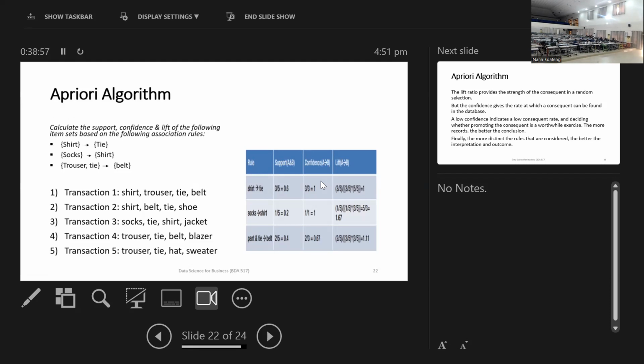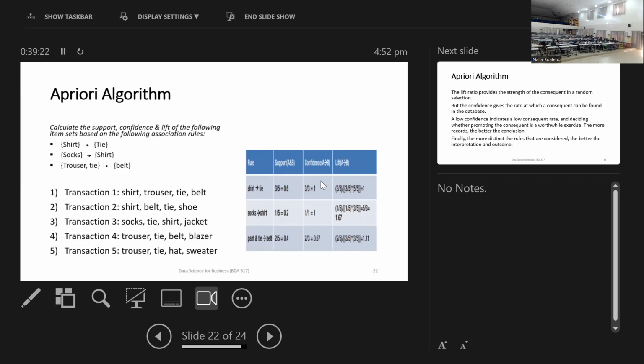Let's look at the confidence. So the confidence is your support, 1/5, divided by the probability of A. So the probability of A is socks. Is that not it? So how many times?